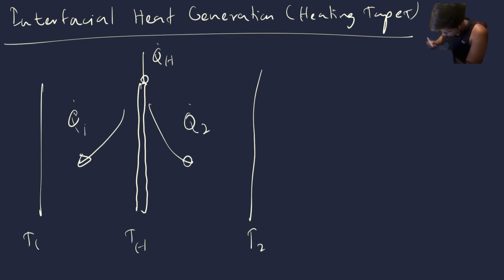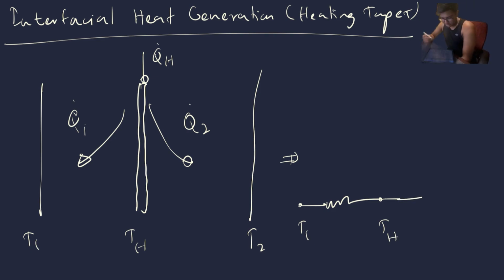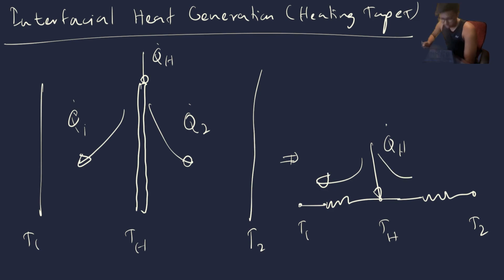Let's draw the resistance circuit. T1, TH, and then finally T2. What happens here? Q dot H heat flux comes here and goes in this and this direction. Obviously, the heating temperature would be higher than the other two surface temperatures. So that is why heat goes like that.